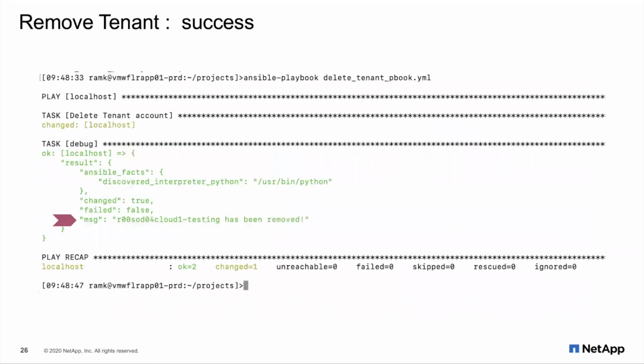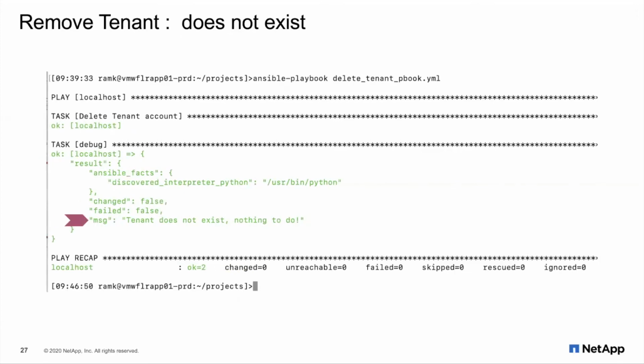Output from this module: deleting the tenant is successful. In case the tenant does not exist, no action will be performed. And that's shown here in this slide.